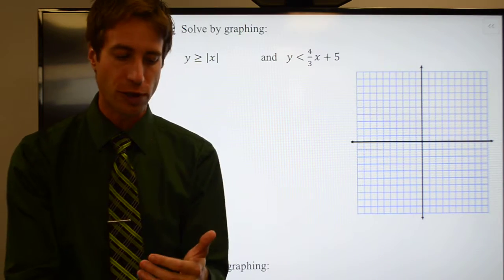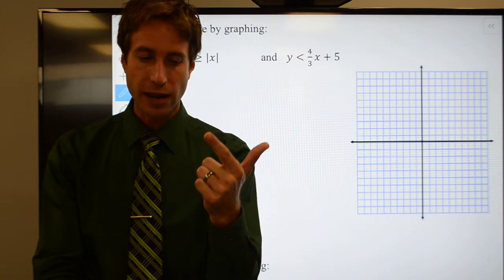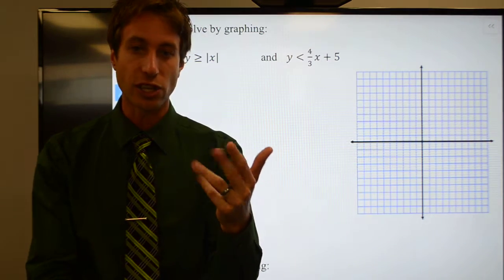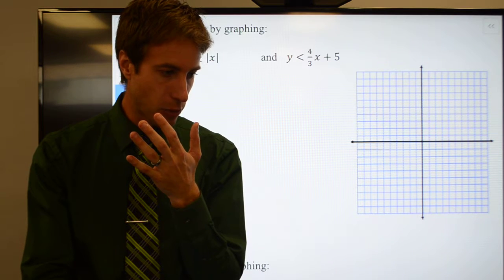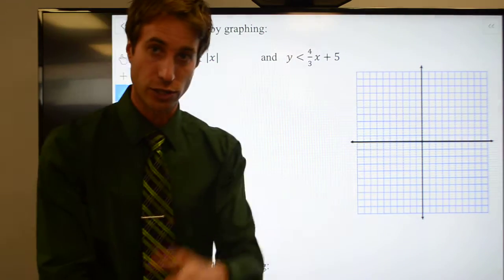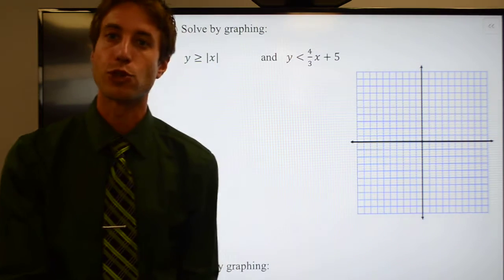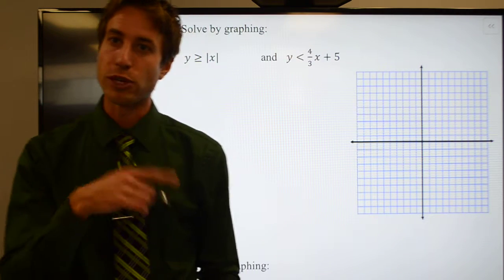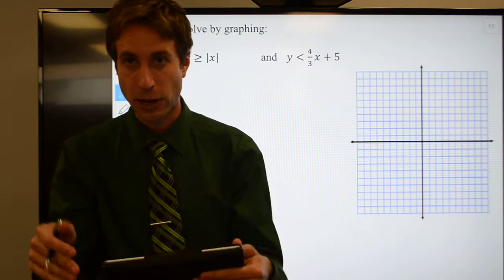Remember, those special functions were the absolute value function, which I've given you here, the quadratic function, the identity function, the constant function, and I'm forgetting one. Was it the greatest integer function? So this is the absolute value function, and hopefully you remember from chapter 2 that when you graph an absolute value, it looks like a V. That V could be opening up, that V could be opening down.